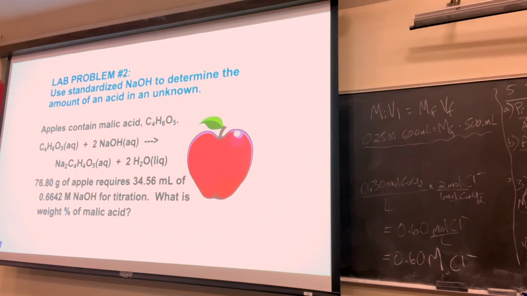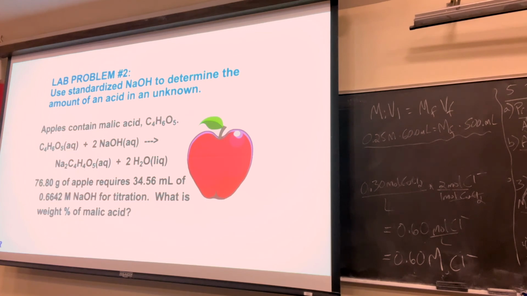This is a similar kind of thing, but now it's going to be grams of pure malic acid divided by the total times 100. So we're going to figure out the weight percent of malic acid. And again, when you take a bite of an apple, it doesn't really feel like it's acidic, so it should be a relatively low number, but we can actually calculate something like that using this technique.